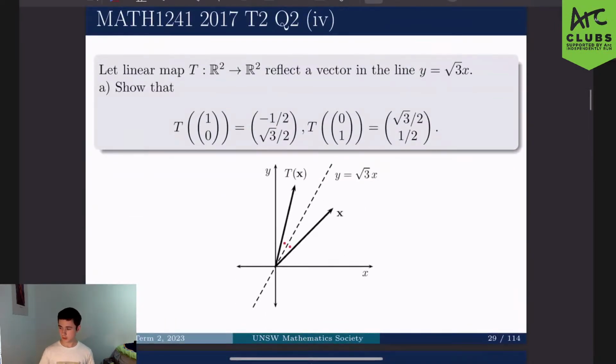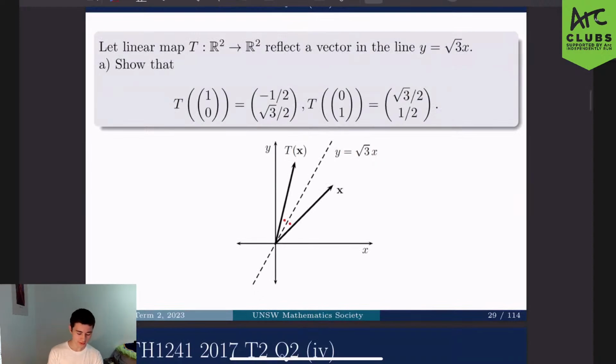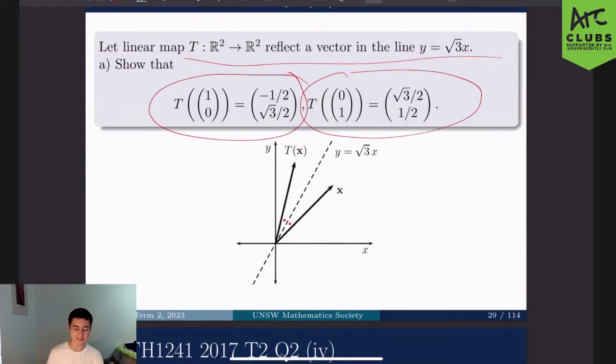Next question, just plowing straight in. Let the linear map T from R2 to R2 reflect a vector in the line y equals square root of 3 multiplied by x, my bad. So we're going to show, using this transformation, that the basis is transformed as such.